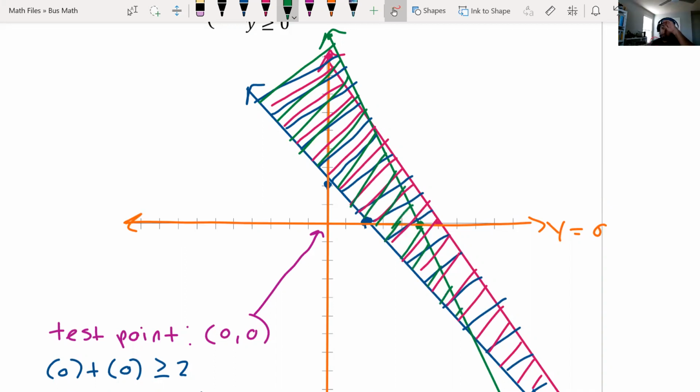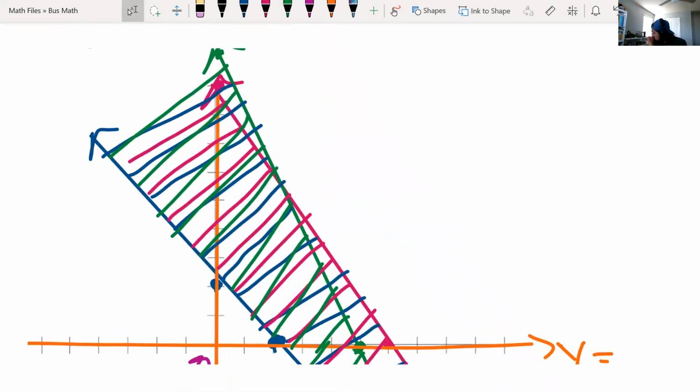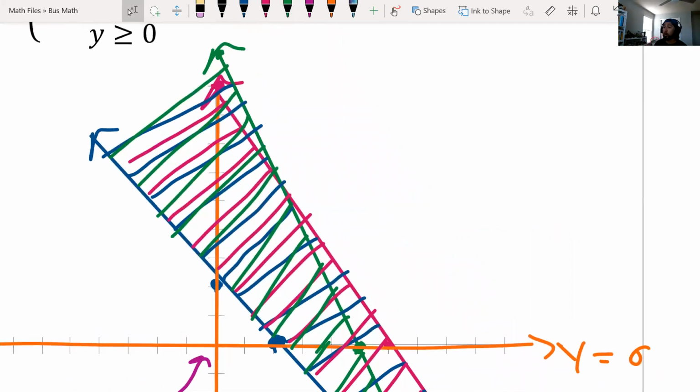Okay. Now, hopefully it's not too hard to see, but now we have to look for our feasible region. So zooming in, on the first quadrant only, we want it where all the shadings intersect. So all my shadings start to intersect around this point. And then let's see, there's blue and there's red. So right here. And then here.